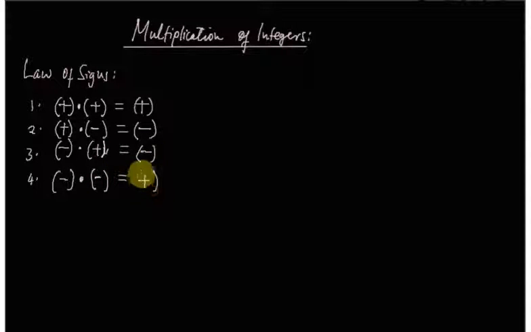Okay, so number 1, number 2, and number 3 can be shown on a number line.